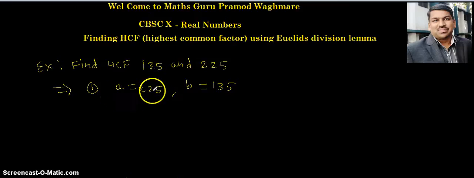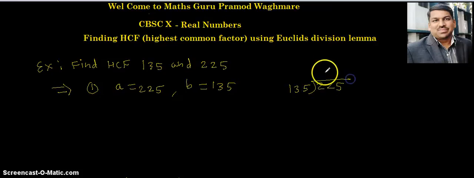Now we find two integers Q and R using Euclid's lemma. How do we find them? We divide 225 by 135.